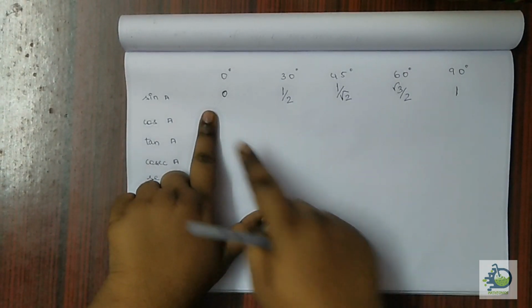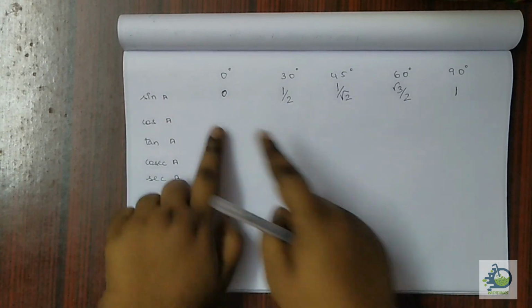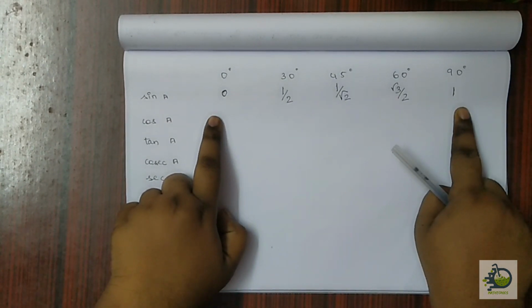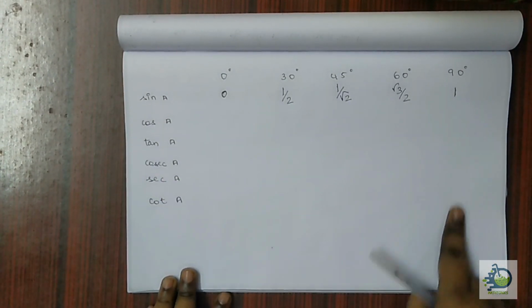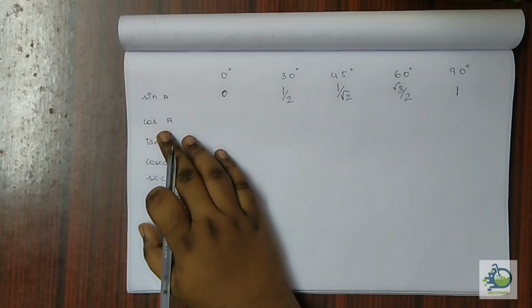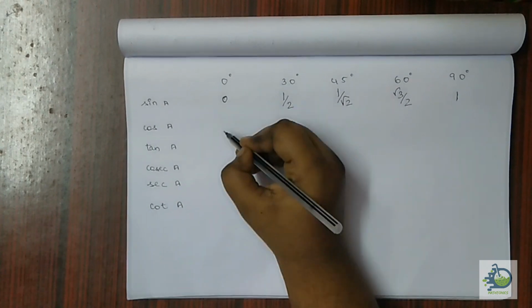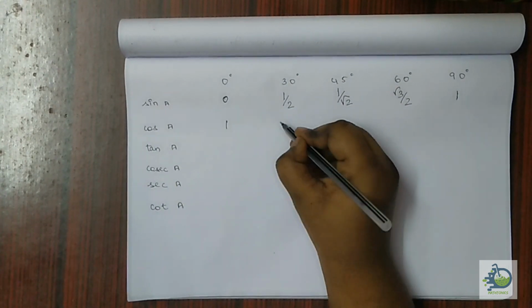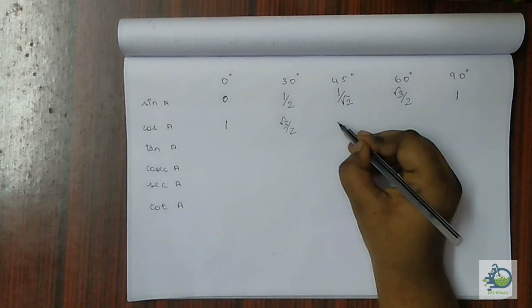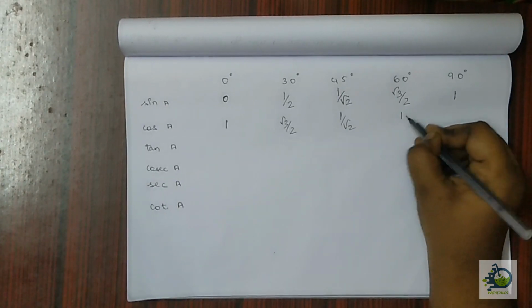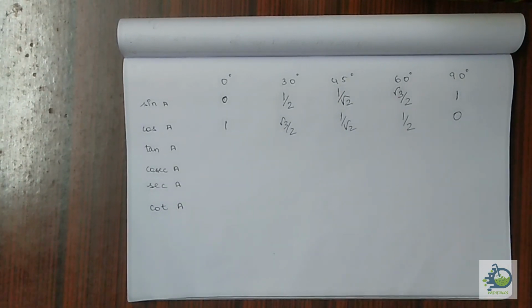See, it moves from 0 to 1. Only this line you have to remember and the rest can be solved by using this. Cos A is reverse of sine A. So we are going to fill it in this reverse order. 1, root 3 by 2, 1 by root 2, 1 by 2 and 0.